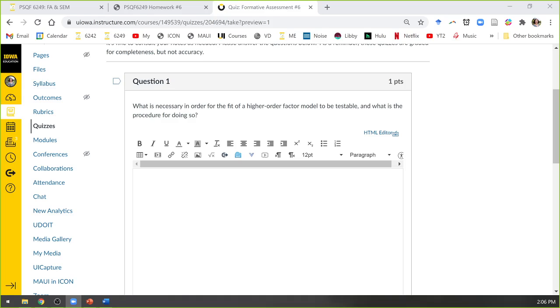So you want to be able to say that your model with a higher order factor in it accurately reproduces the covariances among the factors. That's what you want to be able to say. And that is evidenced by a fit that is not worse. So this is another not worse. It's a weird thing to think about, but if it's adequate, then the model predicted factor covariances from the higher order factor model should match those from the saturated structural model.